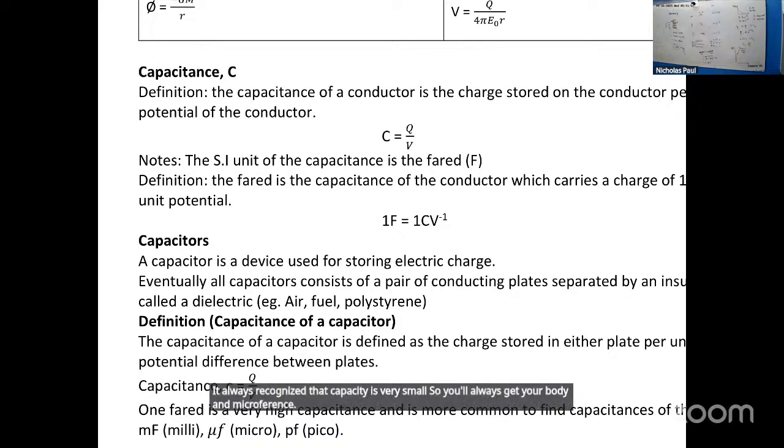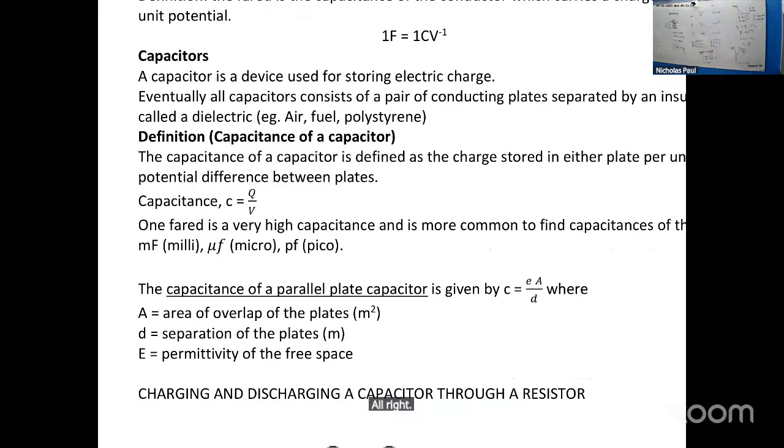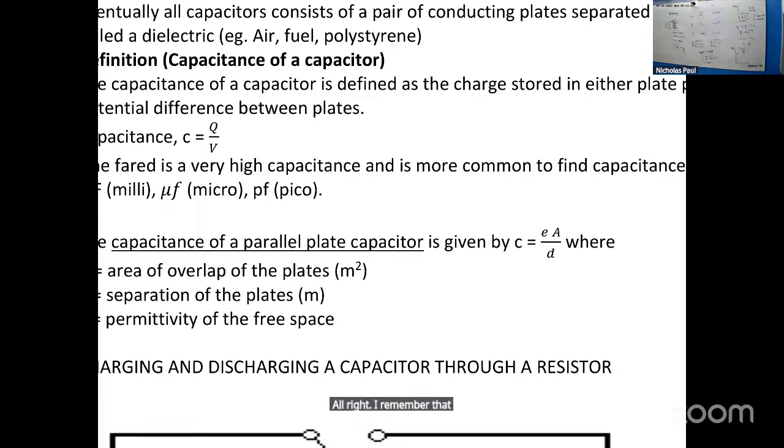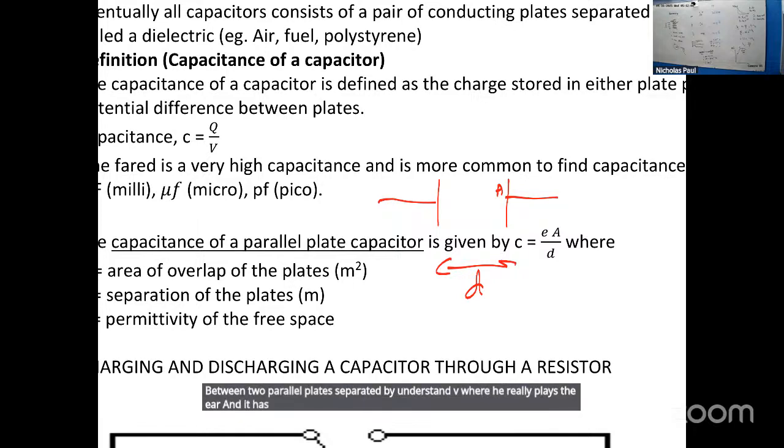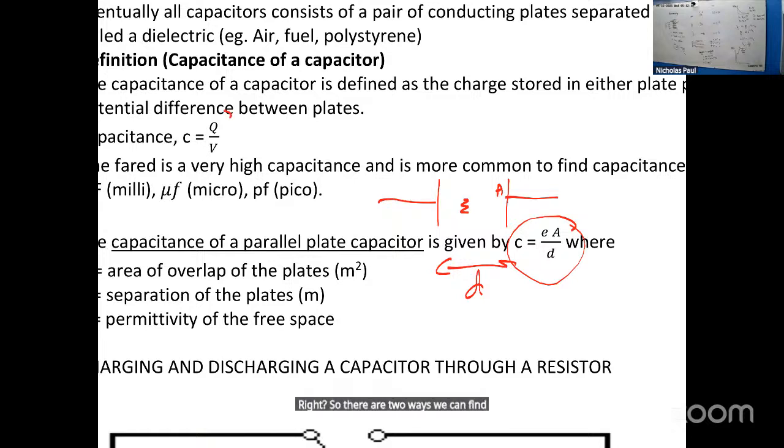Remember that we could also find capacitance between two parallel plates separated by a distance d, where the area of the plates is A, and it has a material of permittivity epsilon in the middle, by using epsilon A over d. So there are two ways we can find capacitance, Q over V or epsilon A over d.